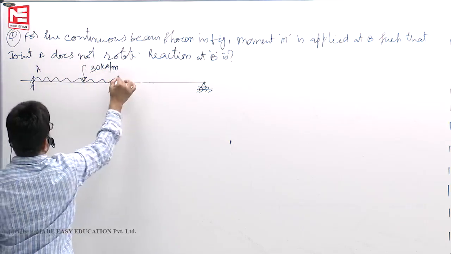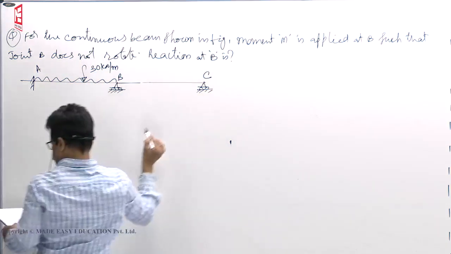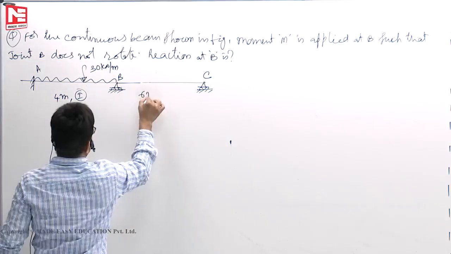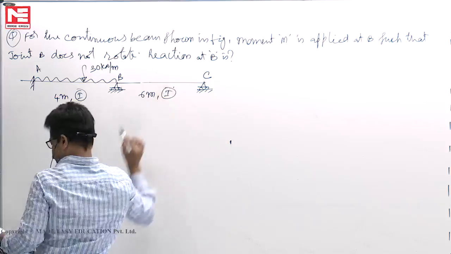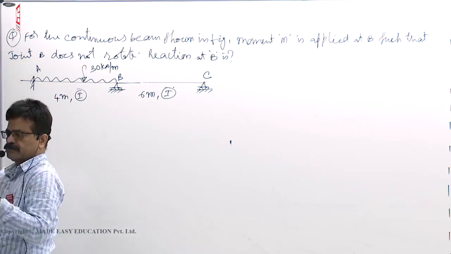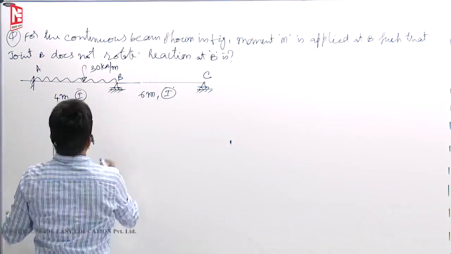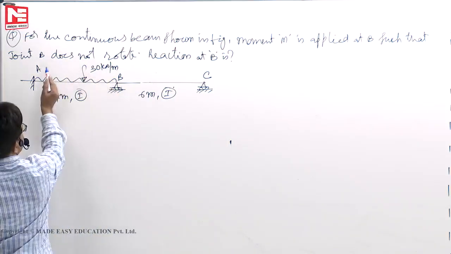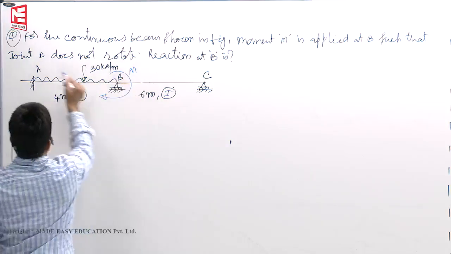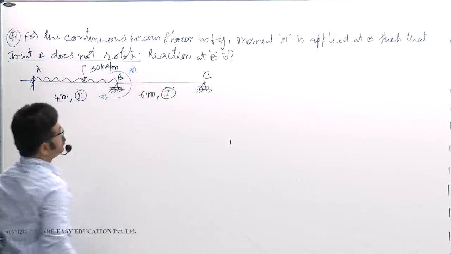This point, let us say A, B, C. This is 4 meters, I, 6 meters, I. See here. So moment M is applied. A clockwise moment M is applied, so that joint B does not rotate.